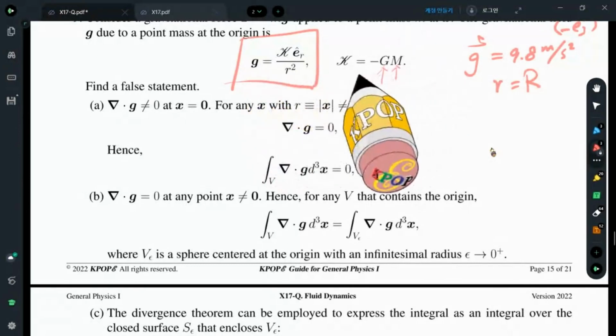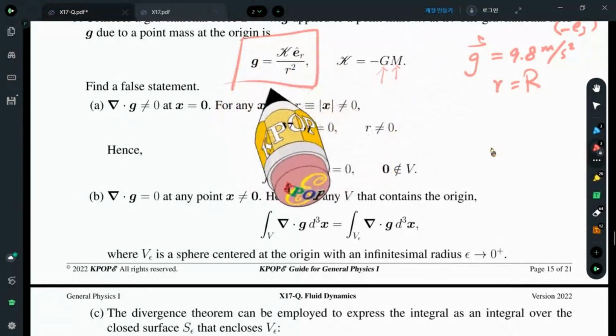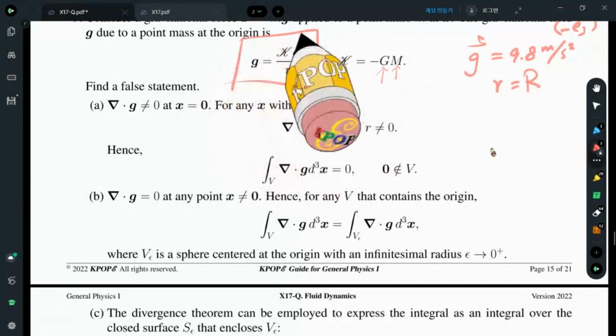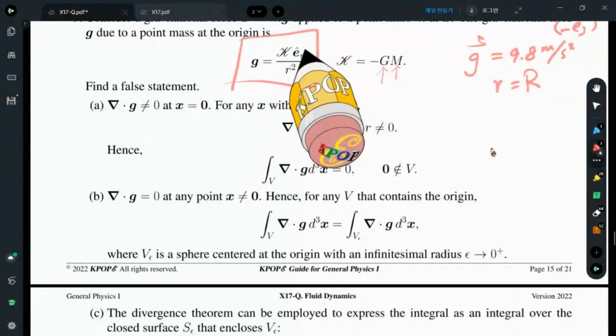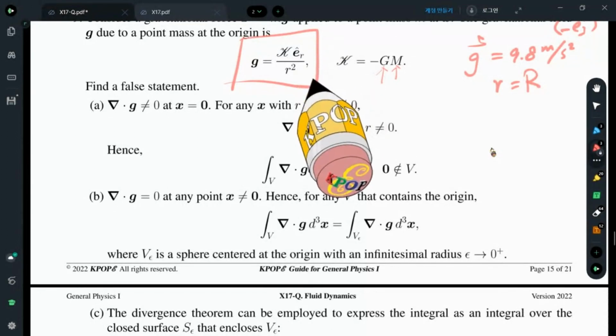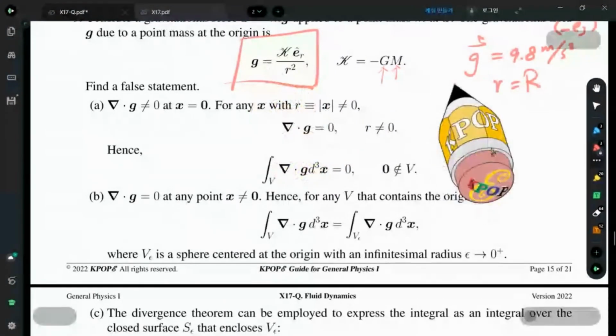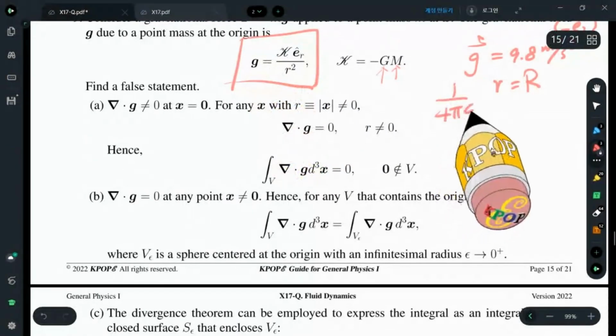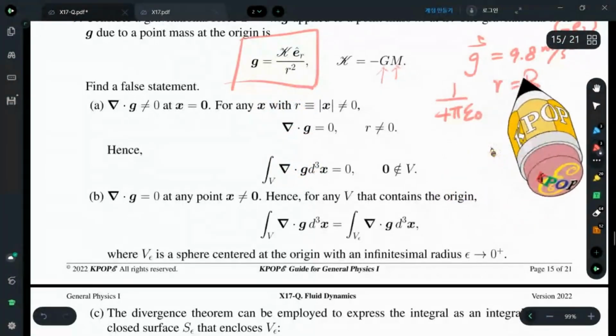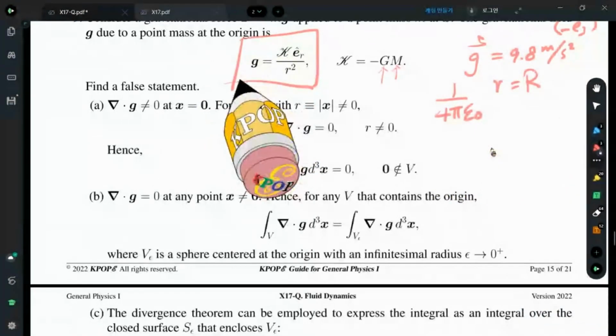In addition, this mathematical structure is identical to the electrostatic case. So it is also true if I replace this coefficient K with 1 over 4 pi epsilon 0 and electric charge, then this one becomes the electrostatic field.